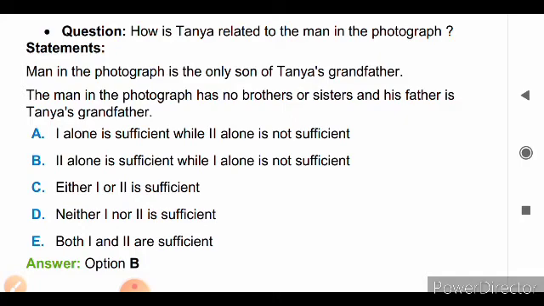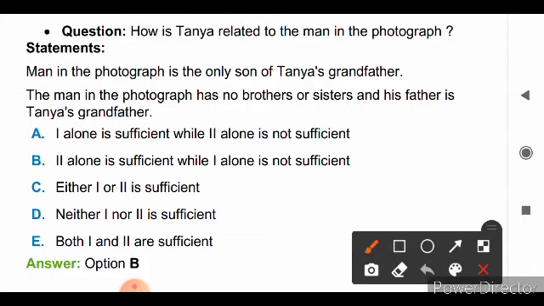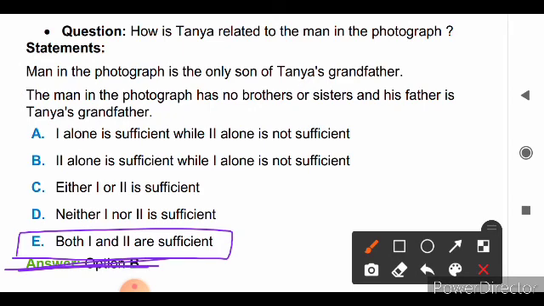And with statement 2 we get that the man's father is Tanya's grandfather. So with both statements 1 and 2 we can say Tanya is the daughter of the man in the photograph. So the answer to the question is option E, both 1 and 2 are necessary. Sorry, by mistake option B was typed here, please take option E as the right answer.